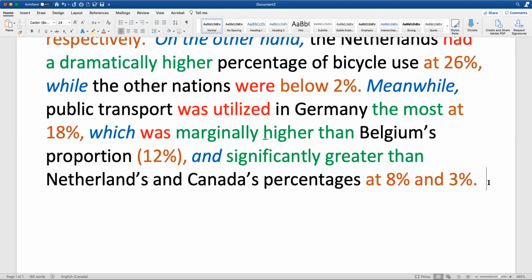Is it a mistake if I use "with" instead of "at", like the most with 18%, and proportion with 12%, even a percentage with 8%?